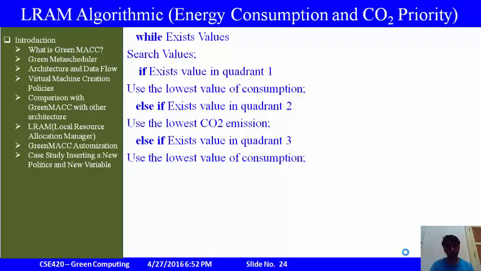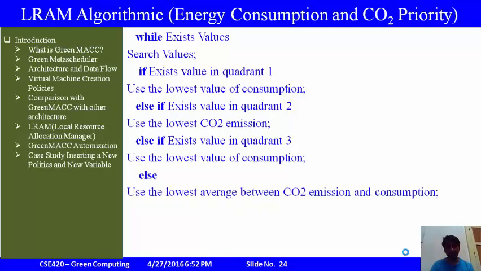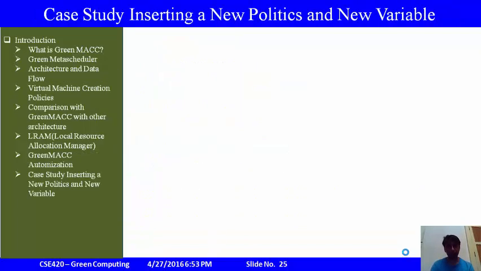Now we can go to the second if condition, which says that if the exist value is in quadrant 3, execute use the lowest value of consumption, else use the lowest average between CO2 emission and consumption. With this we close the if and then we close the while.